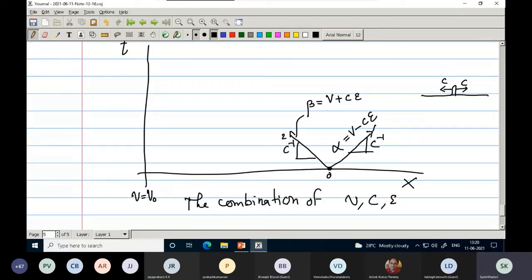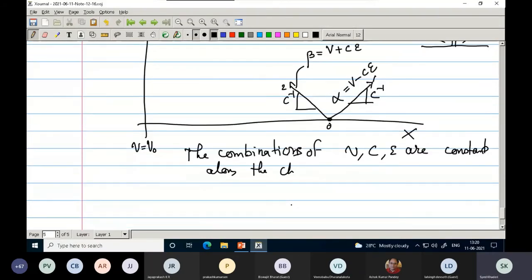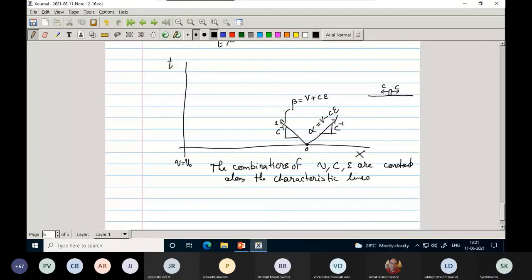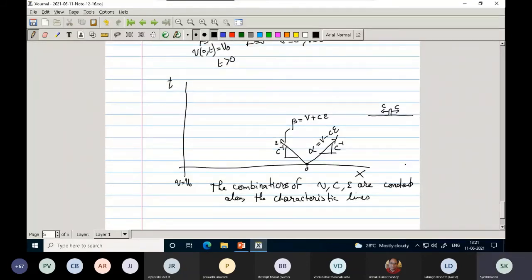These combinations are constant along the characteristic lines. This is what I want you to understand. I'll give you a minute. You think about it, and then we'll move further.